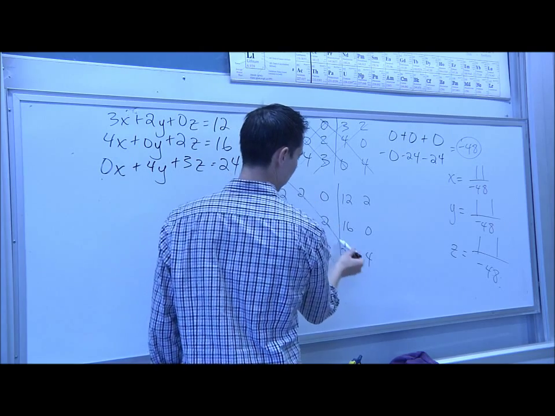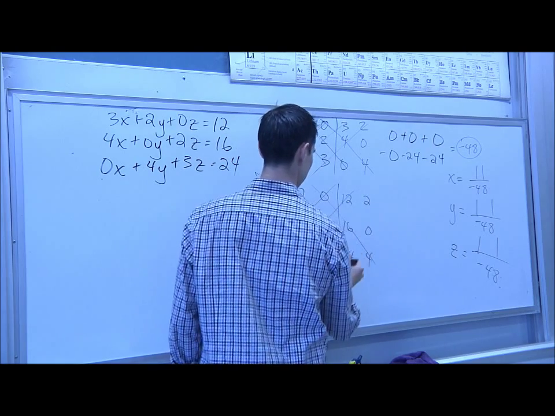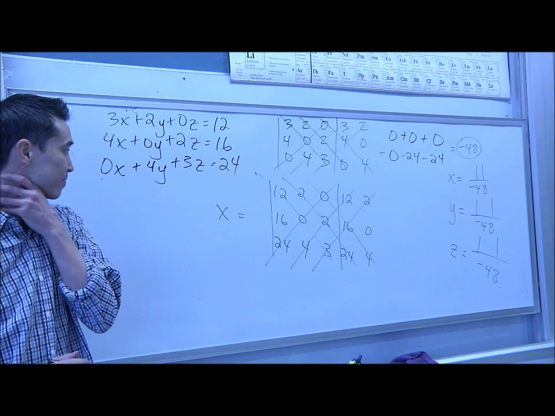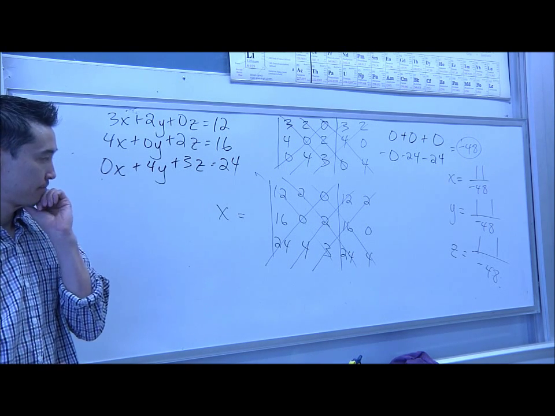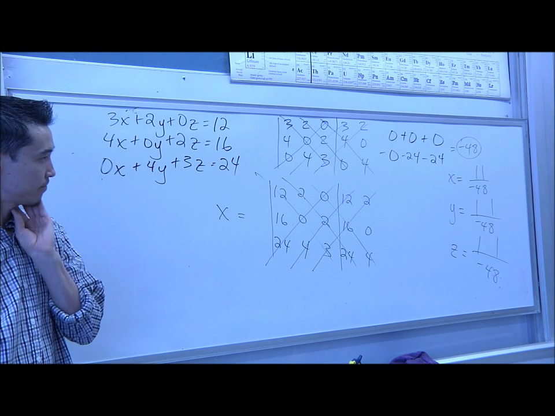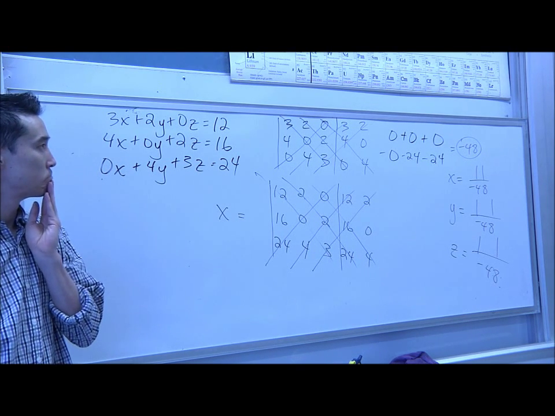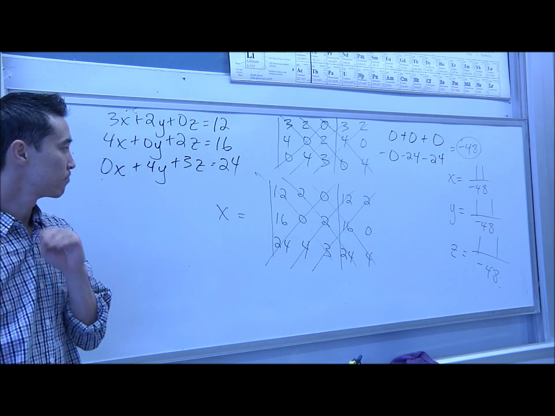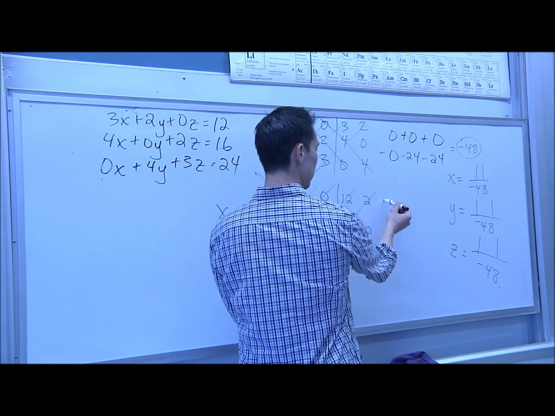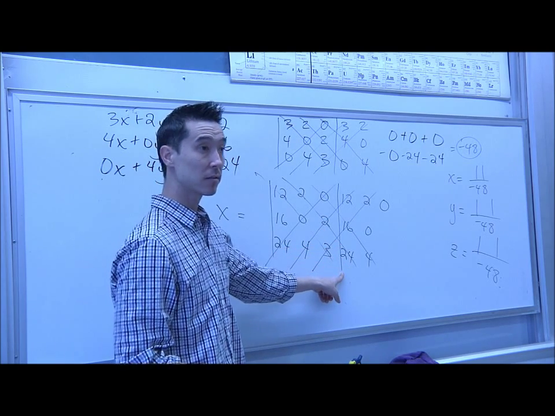Now, you just find the terms of x. Make sure you get the diagonals right. We have 12 times 0 times 3, which is 0. We have 2 times 2 times 24, right?